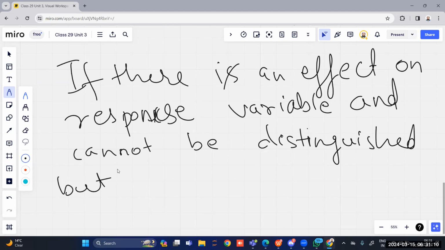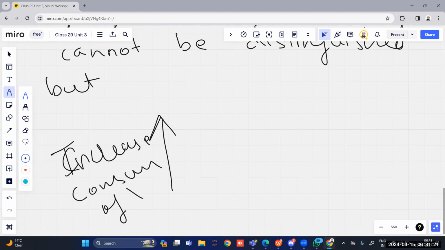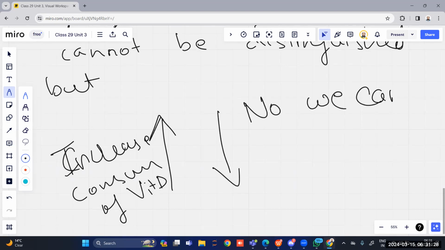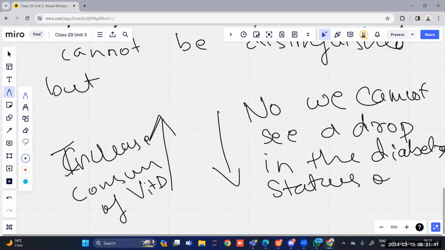For example, I increase the consumption of vitamin D. Can we see a drastic drop? No, we cannot see a drop in the diabetes status of a person.